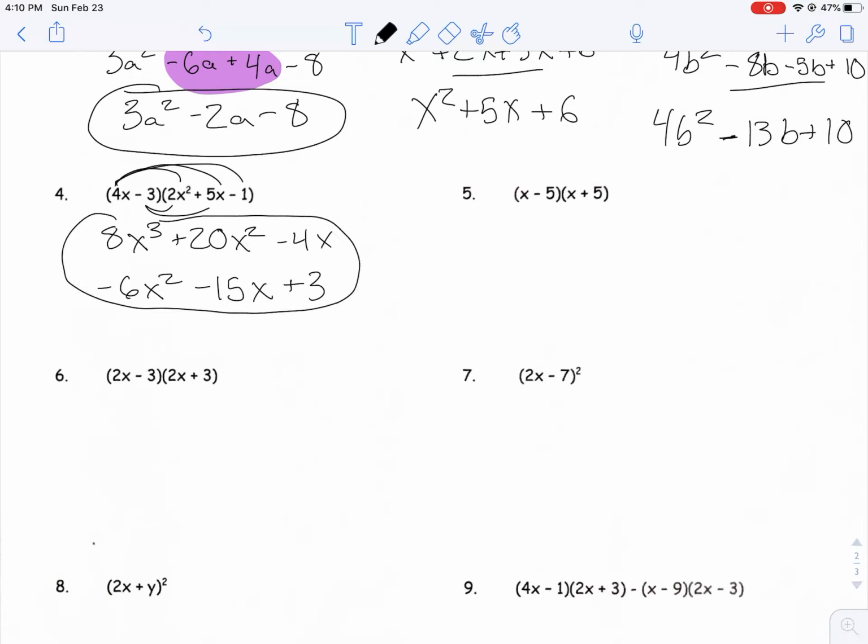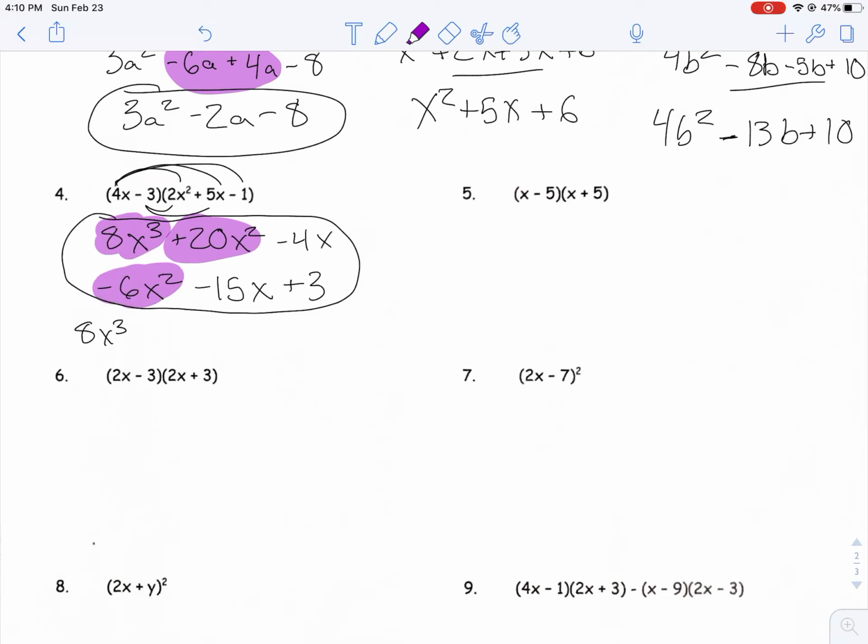This is one long equation, except I had to divide it into 2 lines because I kind of ran out of room. But we're just going to combine what we can. Let's look at the exponents. So 8x to the third, that's got to come first. So we're done with that one. We've got 2 in here that can be combined.